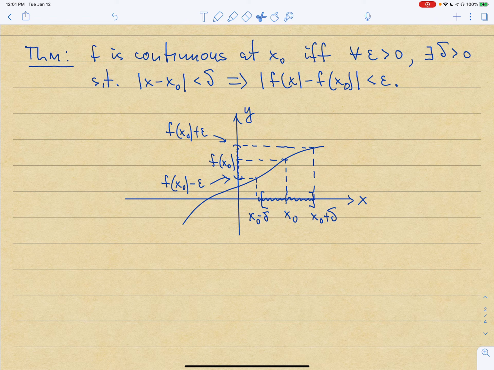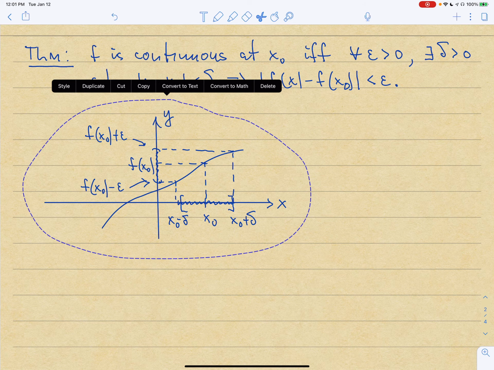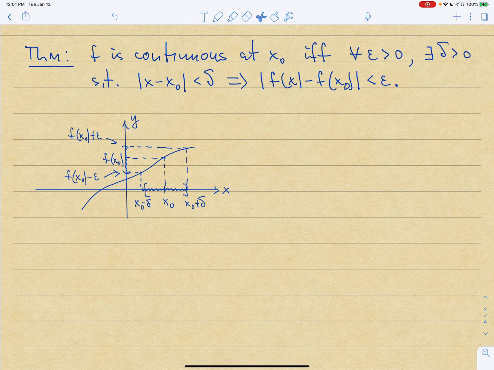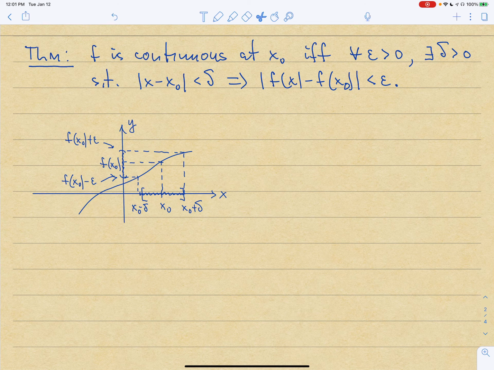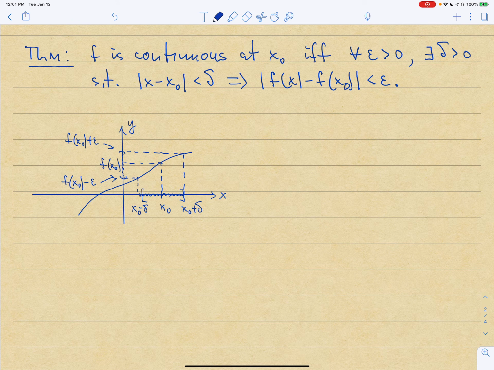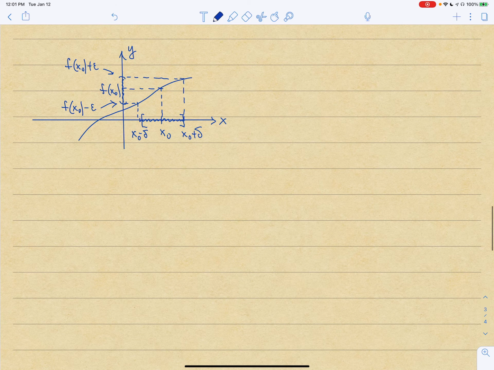Let's illustrate another example like that, except that in that case, I'm going to have a discontinuous function. So let's do the function with a jump.